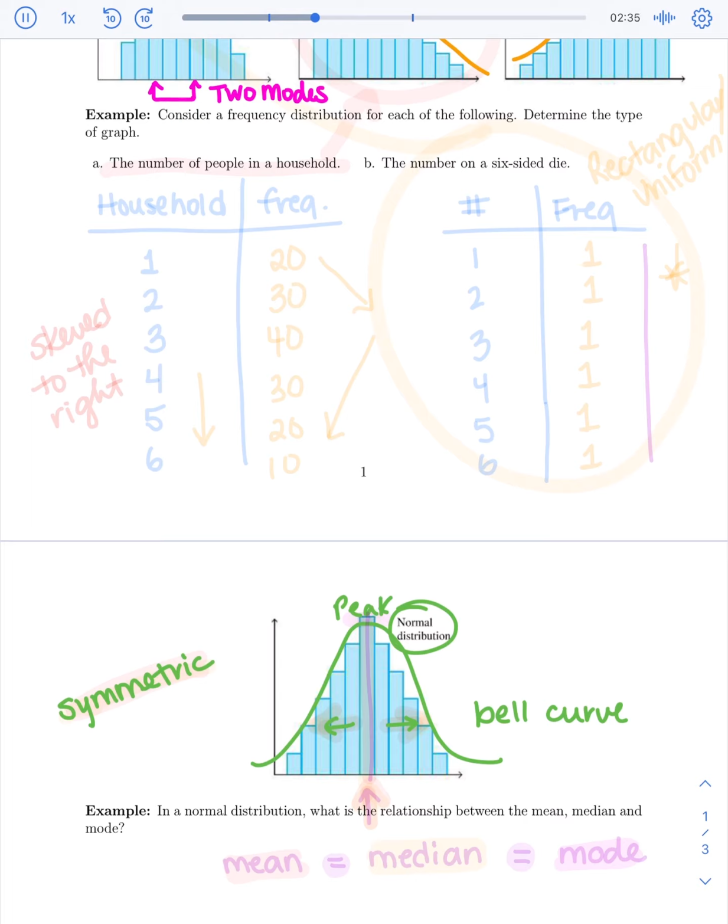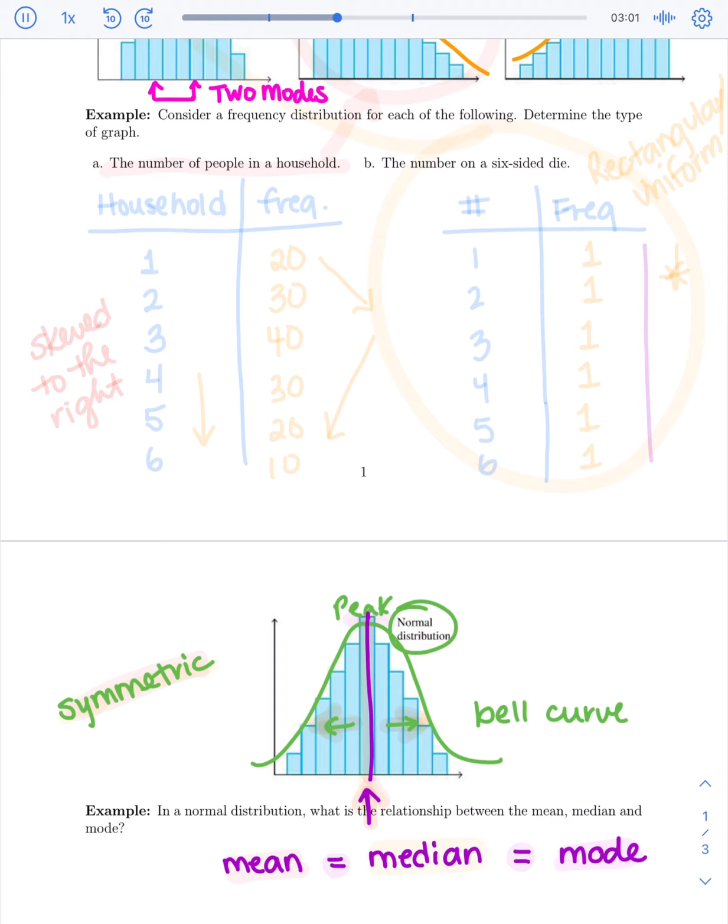Because of this bell curve and it being symmetric, the mean, median, and mode for a normal distribution are all right here in the center, which means they're actually all equal.